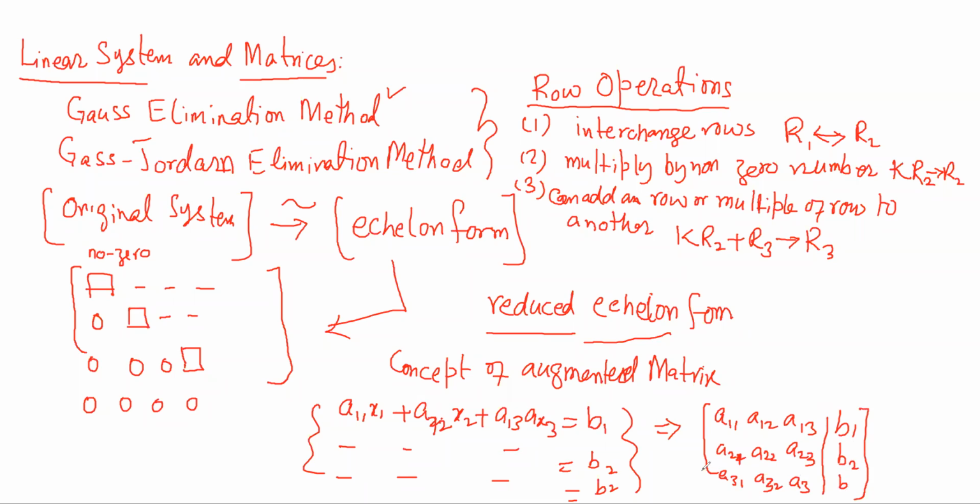If we write this equation in this form, this will be the matrix form, but we will call it the augmented matrix because we are taking these b1, b2, b3 terms along with it. So this will be the augmented matrix.